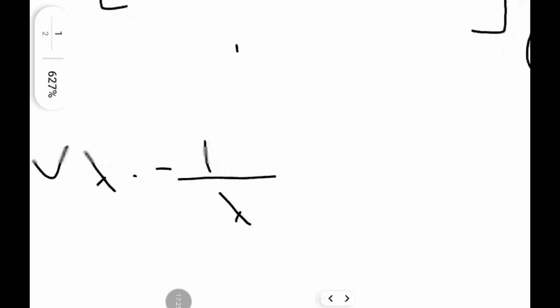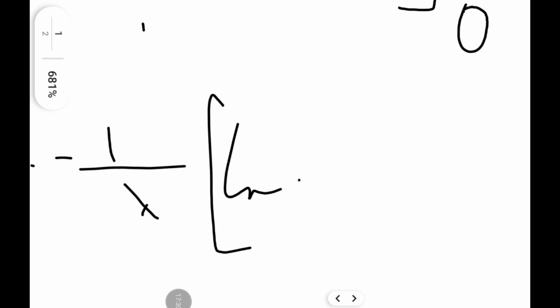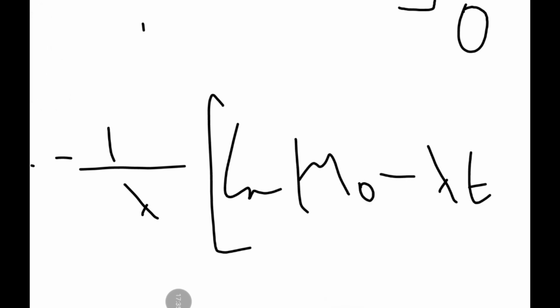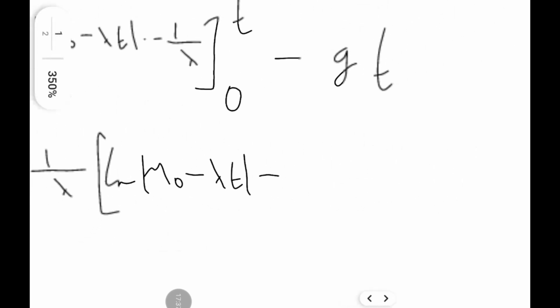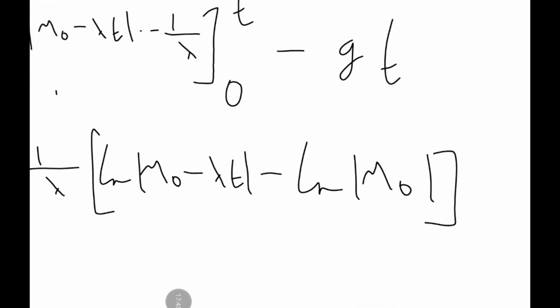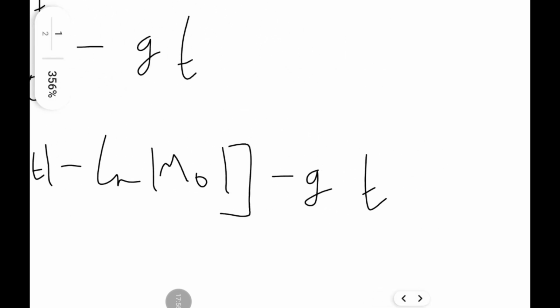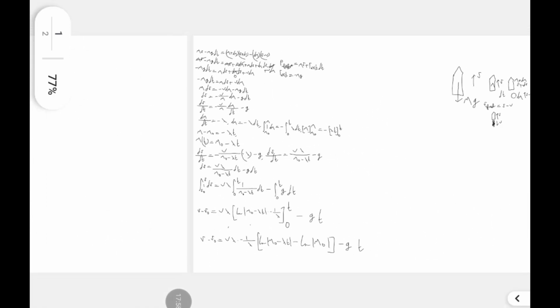That's going to be ln of, again the big brackets, ln of m0 minus lambda t, minus ln. Now when time equals 0, it's going to cancel out and you're going to be left with this. You're going to be left with that, because the t is equal to 0, so you get into that form. And then minus gt. Now, that's been put there.